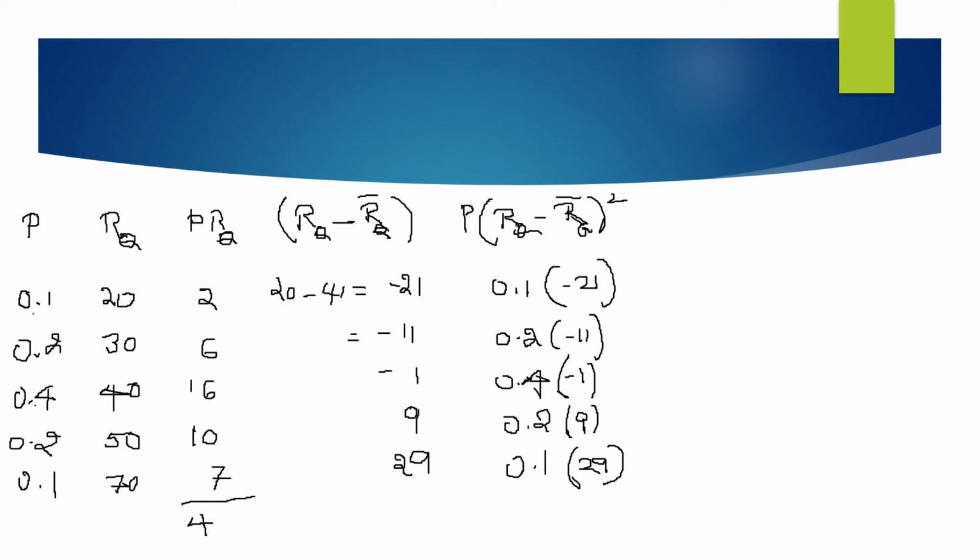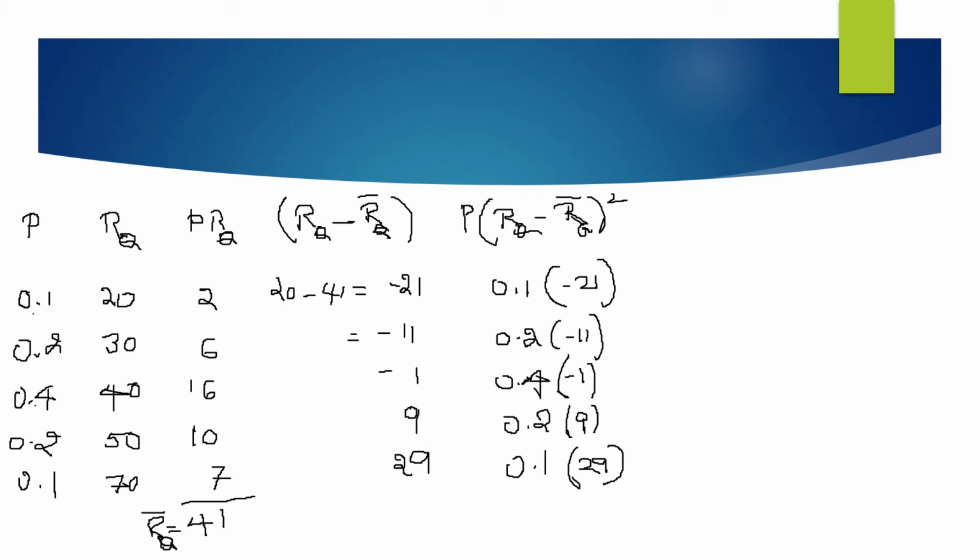So summation of RQ, that is summation is represented by R bar Q. R bar Q is equal to 41.